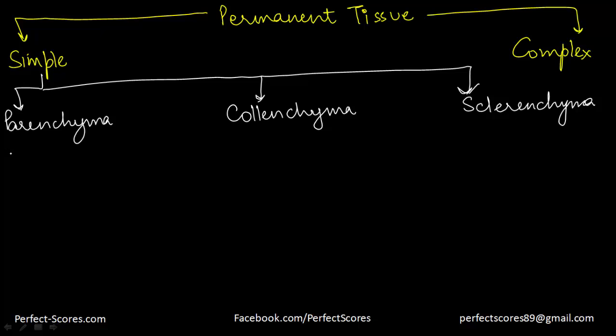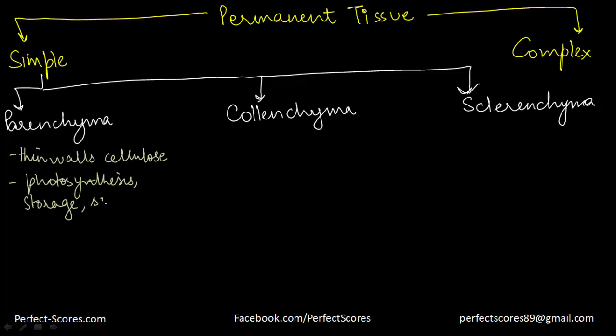The important thing is that they have got thin walls that are made up of cellulose, and that their main functions include photosynthesis, storage of food, and synthesis of important materials. Sometimes they may have spaces between cells, or sometimes there may not be intercellular spaces at all.